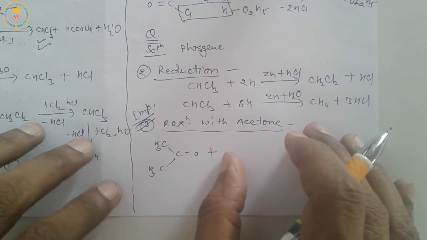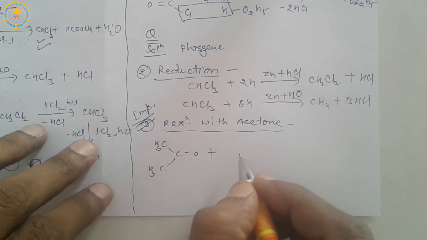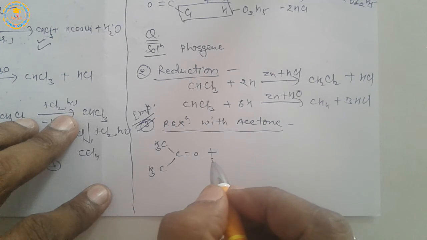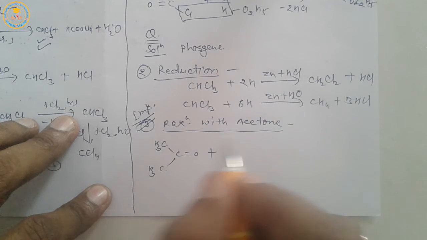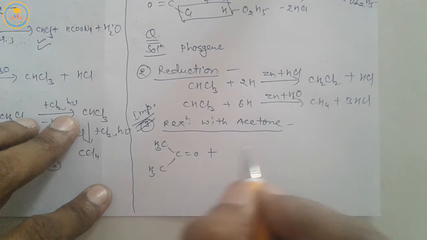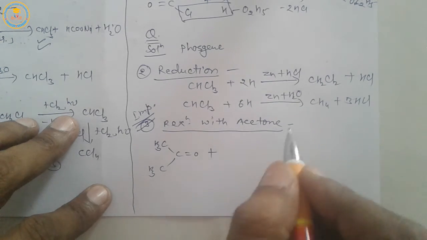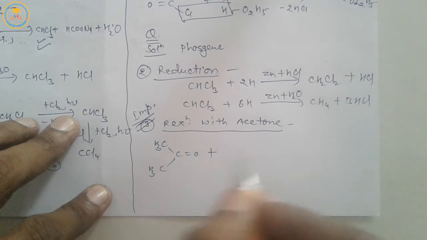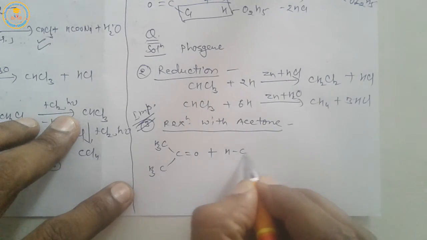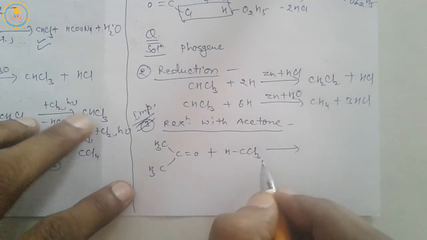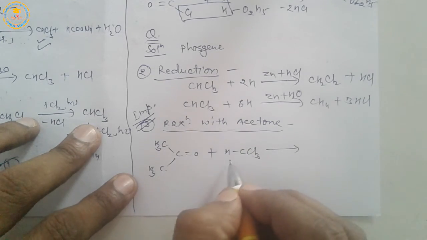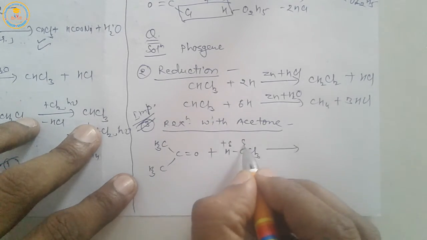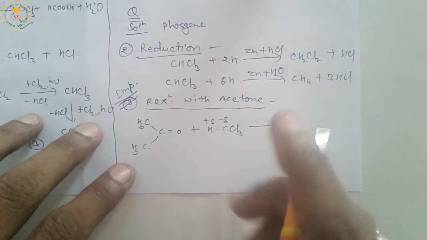So come to the point, when chloroform reacts with acetone, then after addition reaction, a hypnotic drug which is known as chloretone is formed here. So it is the chloroform molecule. In chloroform, it is a positive part and it is a negative part.